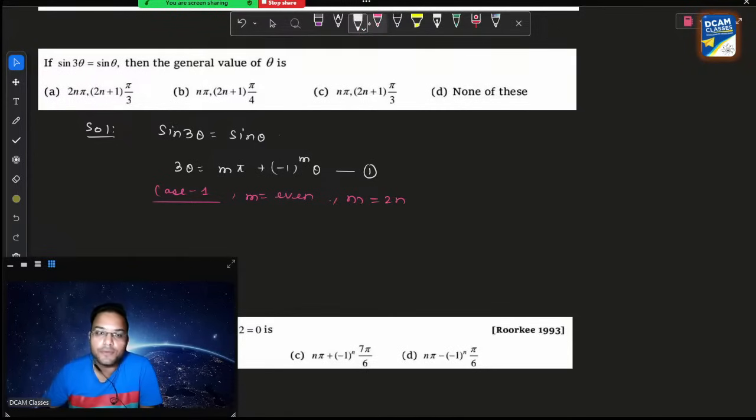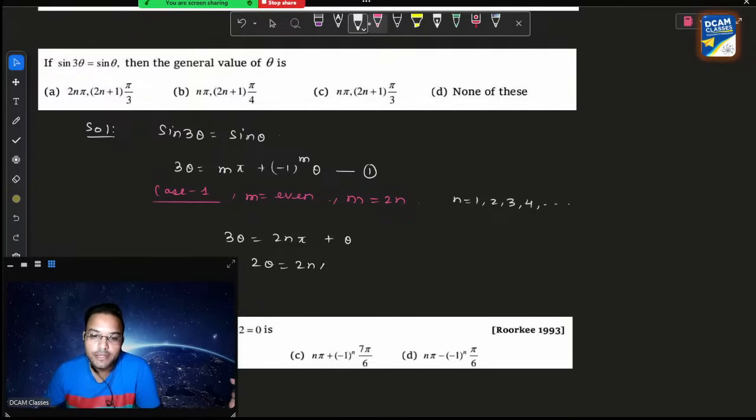That would be fine. Now 3 theta is equal to 2n pi, because that will cover every value. When n is equal to 1, 2, 3, I will get m is equal to even only: 2, 4, 6, like that. So here I'll get even numbers. So 2 theta is equal to 2n pi, and theta is equal to n pi, I'm getting.